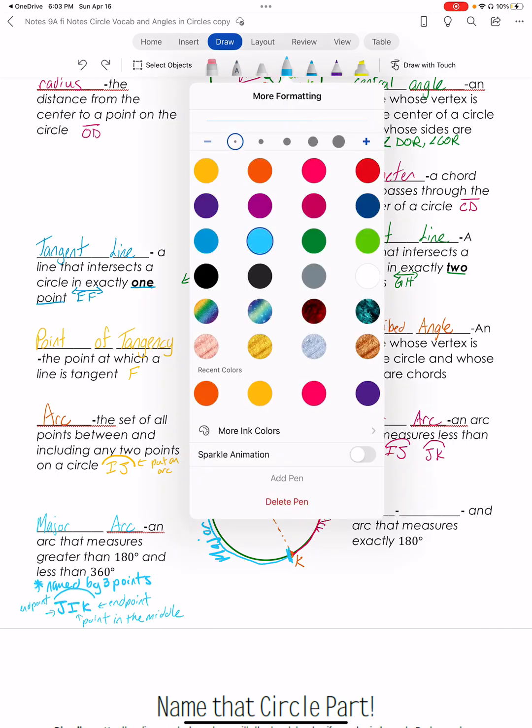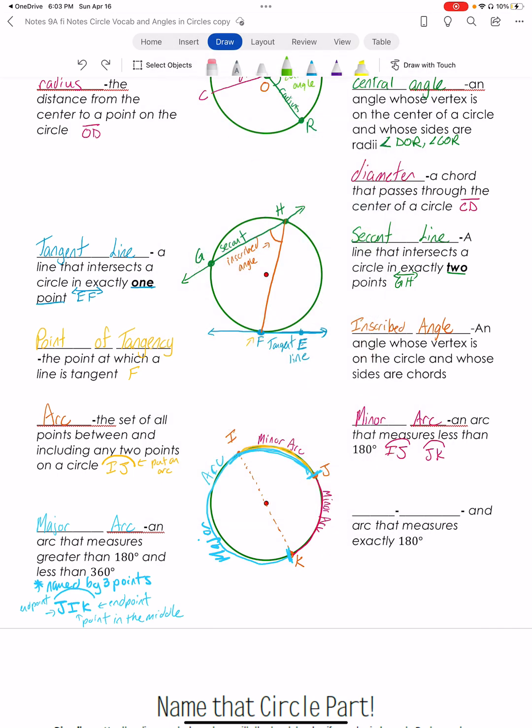All right, and last but not least for this vocabulary is a semicircle. It is an arc that measures exactly 180 degrees. So if we're talking about a semicircle, it would be from I to K. You could either name it IK or IJK. Doesn't really matter too much.